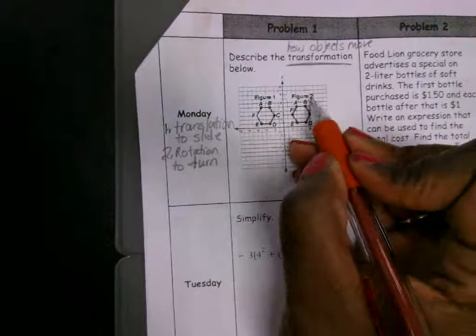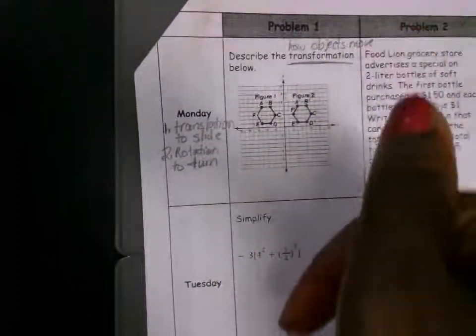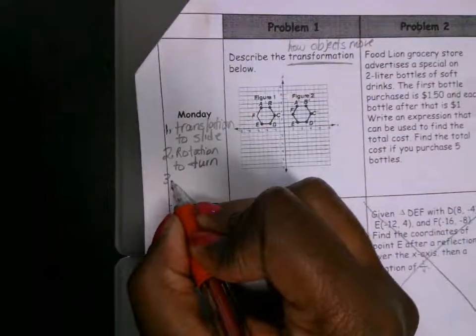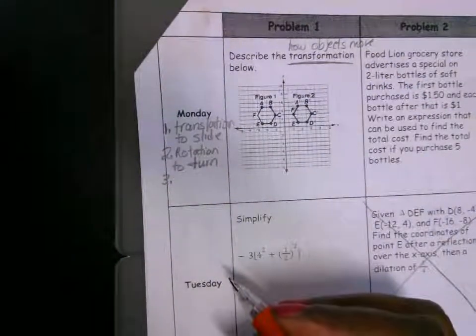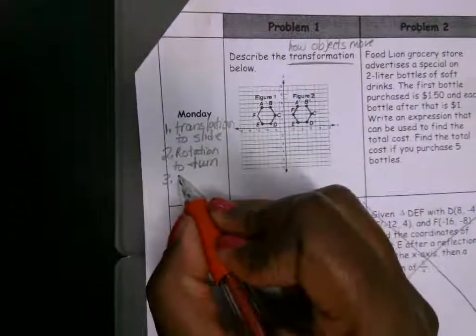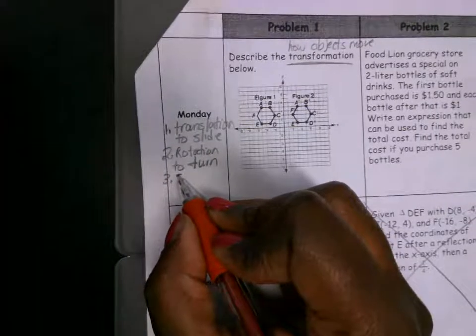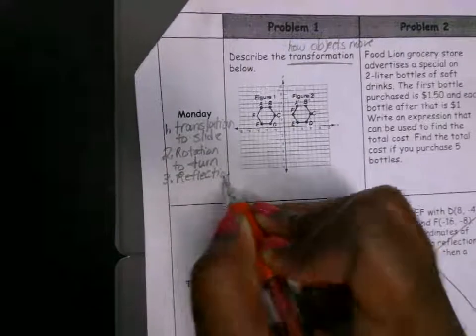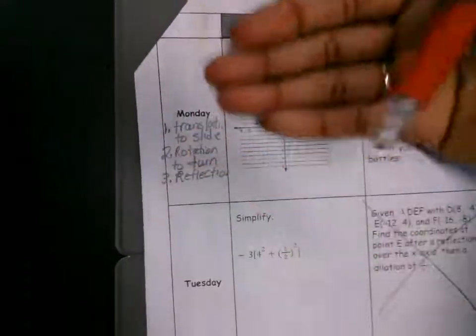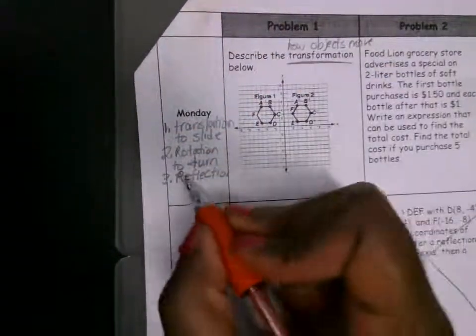From figure 1 to figure 2, did it slide? Did it turn? The third type of transformation that an object could do on a coordinate plane is to flip. Reflection. It could flip over the x-axis, could flip like this. It could flip over the y-axis. It's reflection.